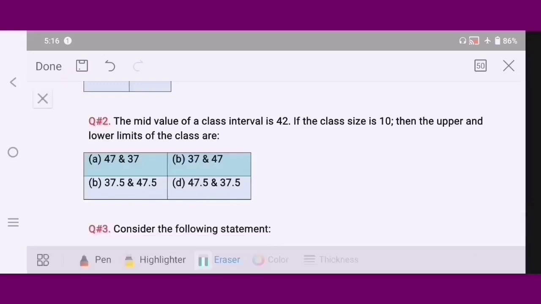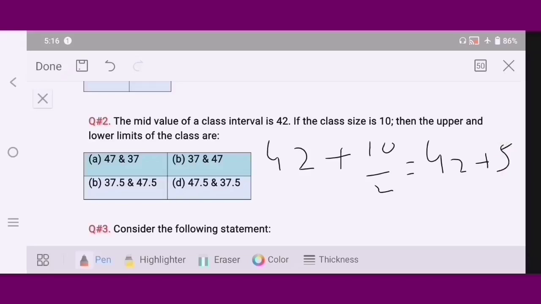So mid value is 42 and the class size is 10. So we add half the class size, it gives 42 plus 5, so it gives 47. So this is the upper class limit.